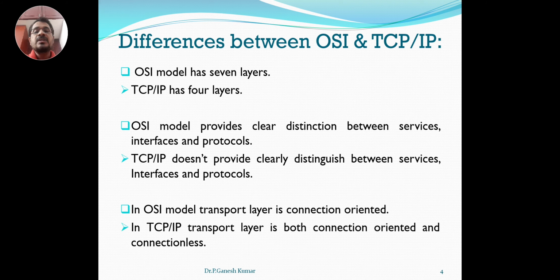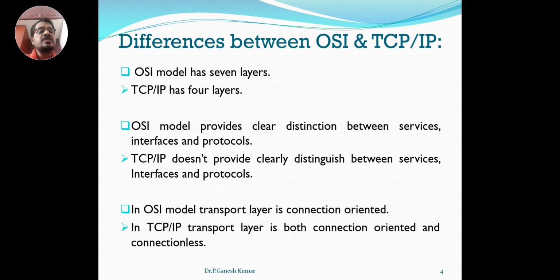Also, how it is interfaced with the adjacent layers and how the data exchange happens is specified. And each layer has specific protocols because each layer has specific functions, so it has its own protocols in the OSI reference model.